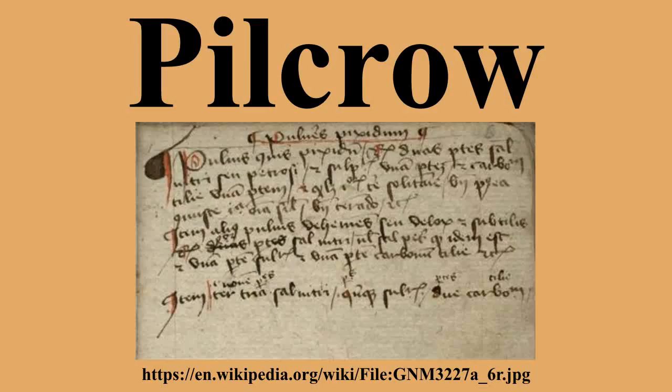In proofreading, it indicates that one paragraph should be split into two or more separate paragraphs. The proofreader inserts the pilcrow at the point where a new paragraph should begin. In some high church Anglican and Episcopal churches, it is used in the printed order of service to indicate that instructions follow.